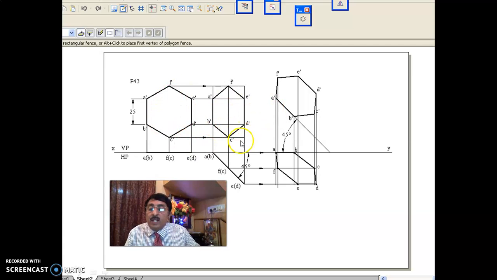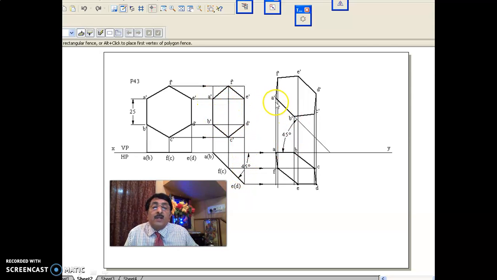Now looking at this itself, you are able to say you have started from the front view, so immediately you will know it's a front view starting problem, something will be in VP. Now if you see here, edge AB is in VP, and the surface is inclined at 45 degrees to VP. This you have got.